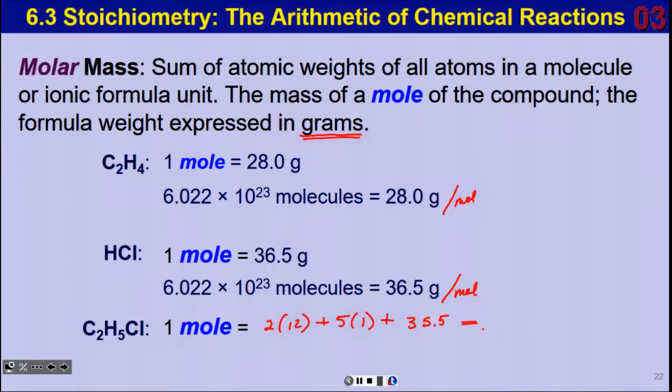You add those up, and guess what you get? The sum of all of that should come out to be 24 plus 5 plus 35.5, which is 64.5. And if you added those other two numbers together, surprise, surprise, you should actually get that, because one of each should combine to make this number of grams for 1 mole of the product, the ethyl chloride.